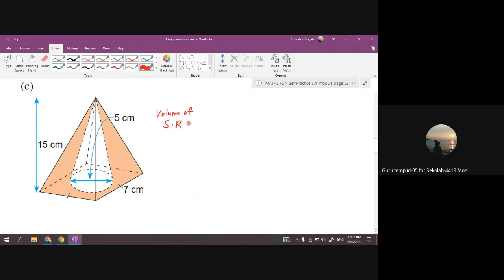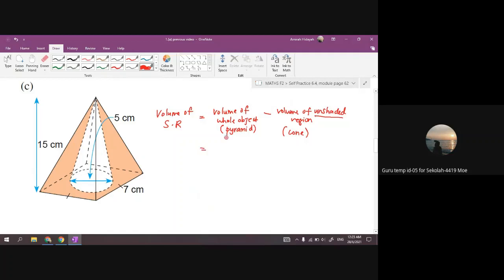SR means shaded region, equal to volume of whole object, which is the pyramid, minus the volume of unshaded region, which is the cone, right? The cone is unshaded, right?